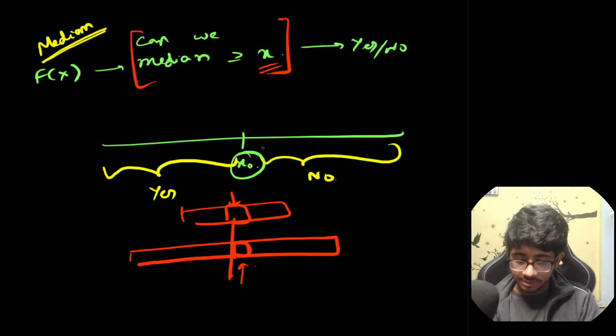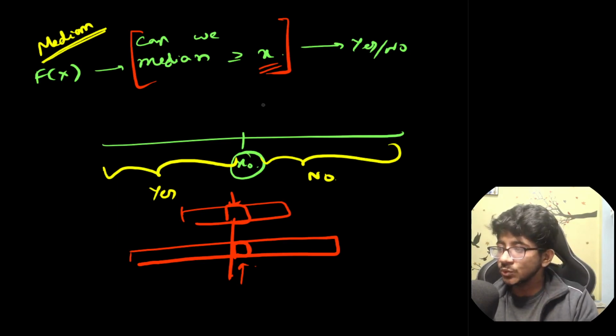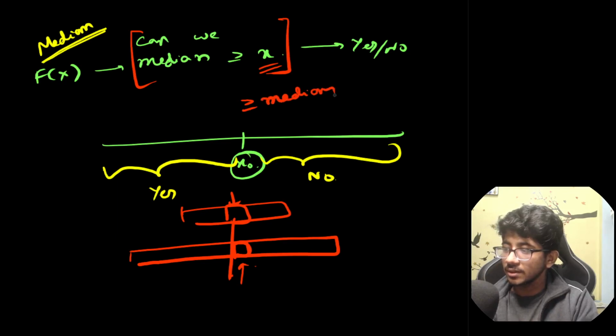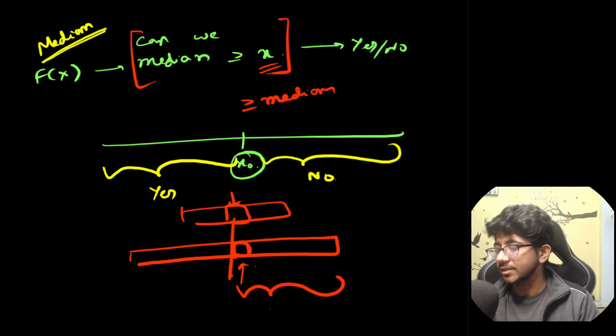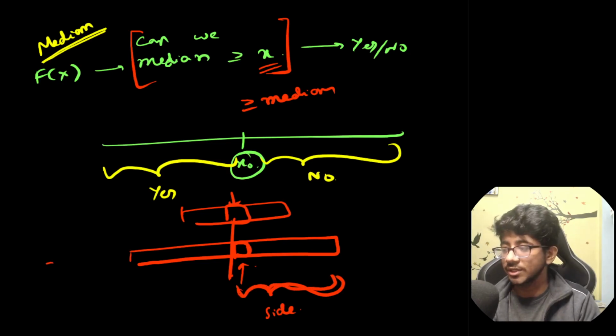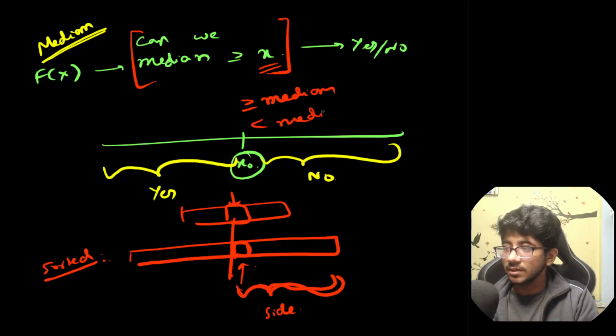So think about this. Every element that we choose which is greater than or equal to median is going to go on this side of the selected elements, because it's going to be sorted. And in the sorted one, at the middle, we need to find the median. Anything that is less than median is going to go to the right, and this is going to go to the left, right?